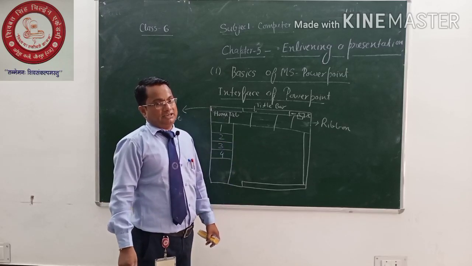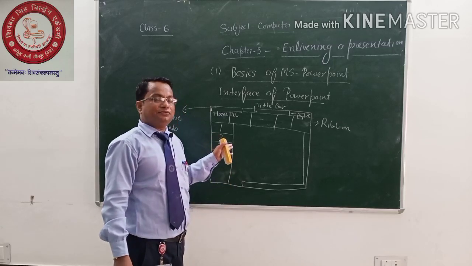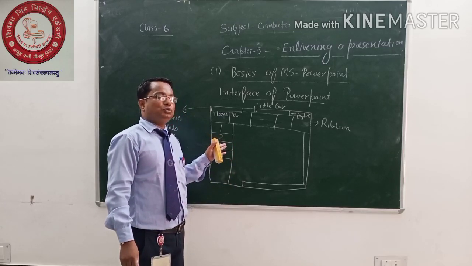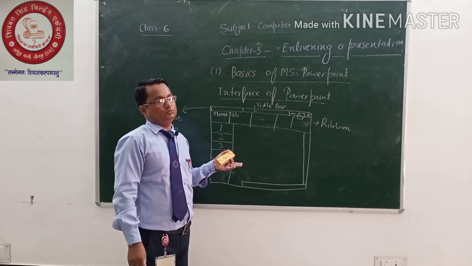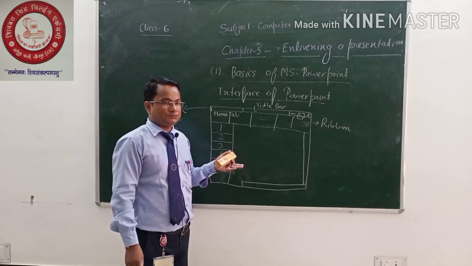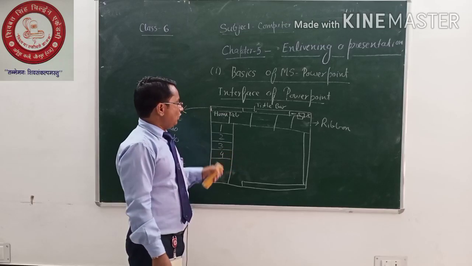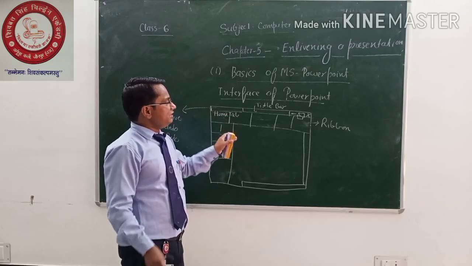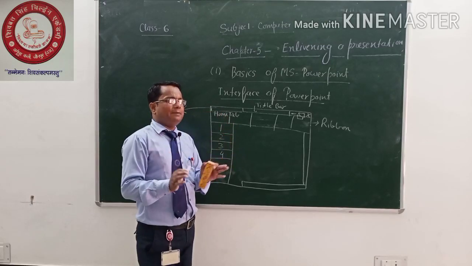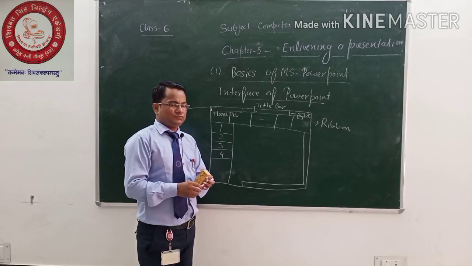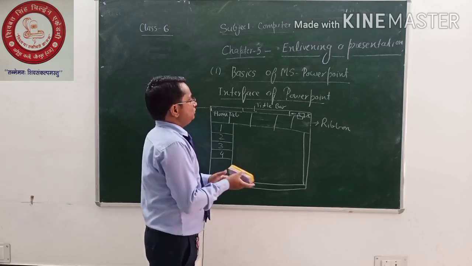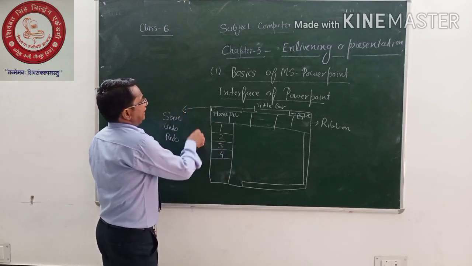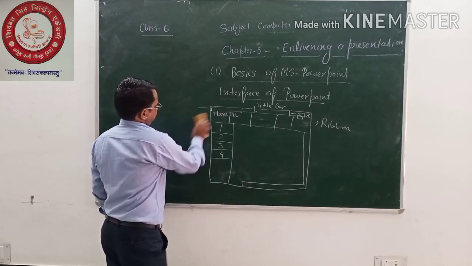And here there is a feature: if you want to duplicate any slide, you can do it very easily by using right click. So this is a little idea about your interface, right? Any doubt? No. So let me erase this and come to the next topic.